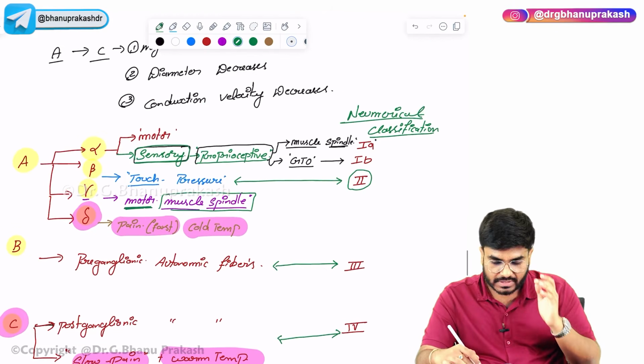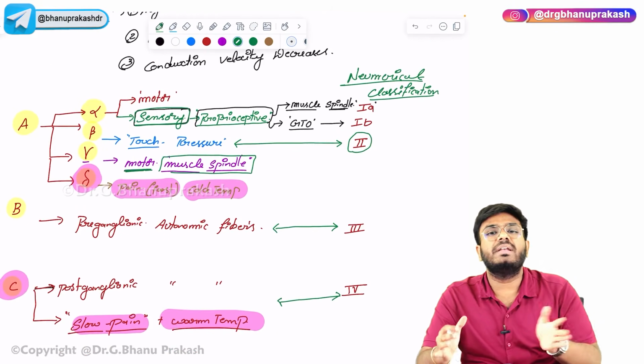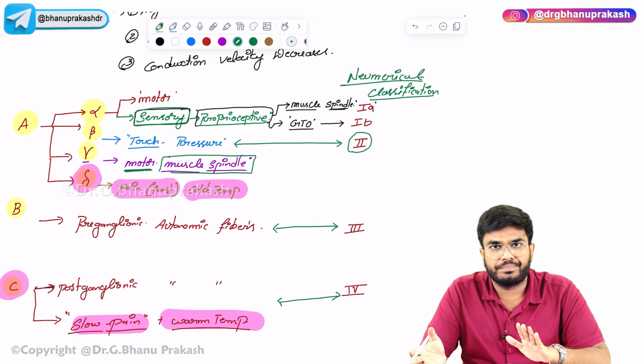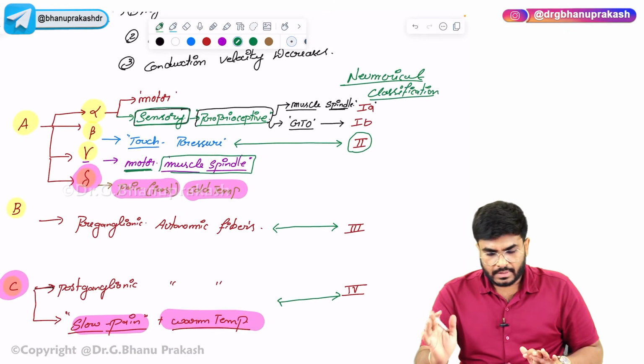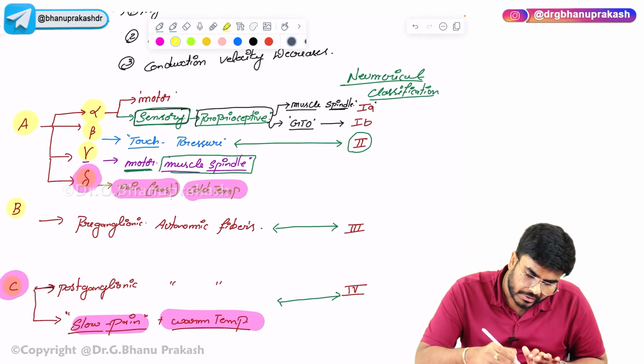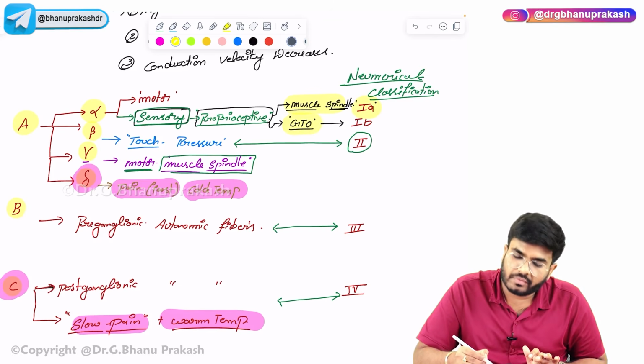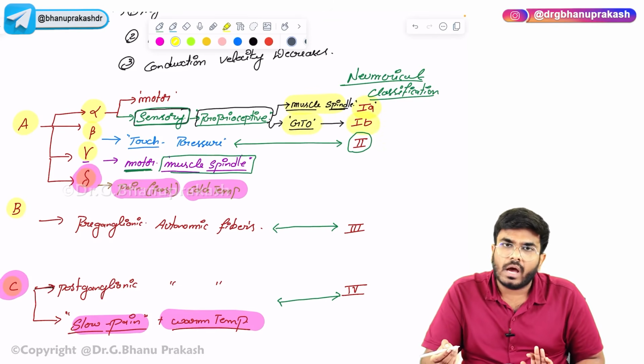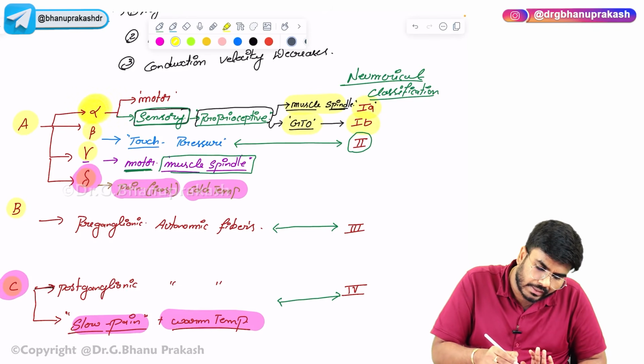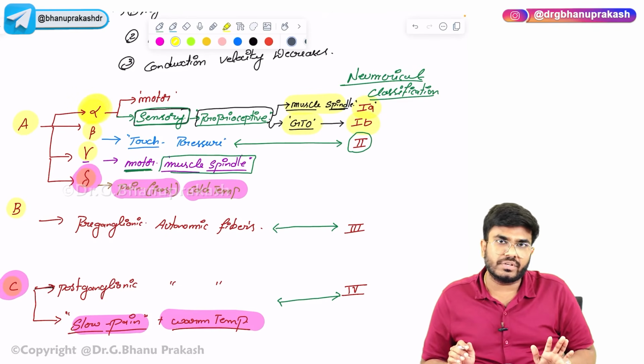So it's the same neurons, classified differently and given different names. In your exam, they will ask: proprioceptive information from the muscle spindle is carried by 1A, and from the Golgi tendon organs by 1B, or you can say A alpha according to the Erlanger-Gasser classification.